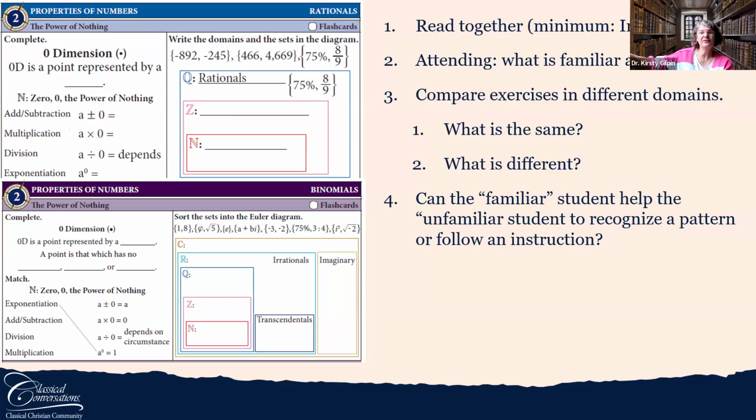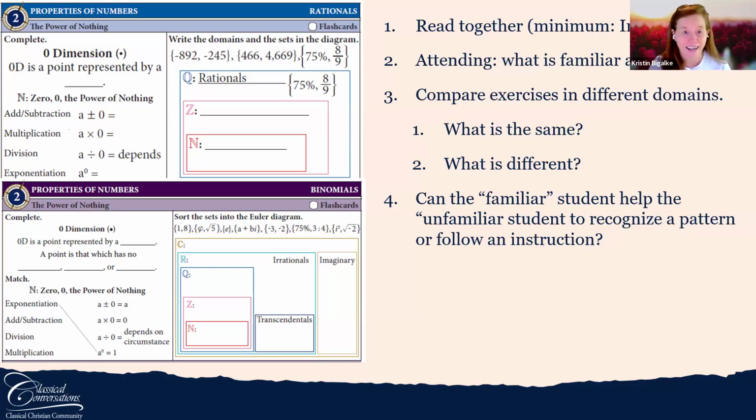Is there anything that is unfamiliar? You don't have to. Oh, sorry. Go ahead. I don't know if this is familiar or not, but there's the phi sign on complex. Yeah, I was going to say that I'm not sure what the numerical representation of the phi sign is, but all of this after multiple years is pretty familiar.